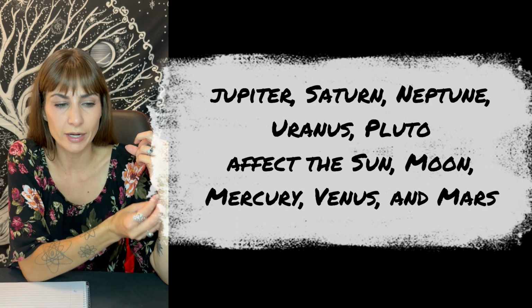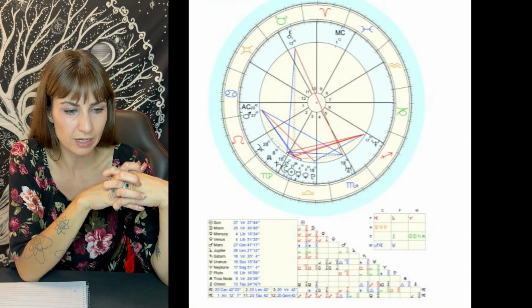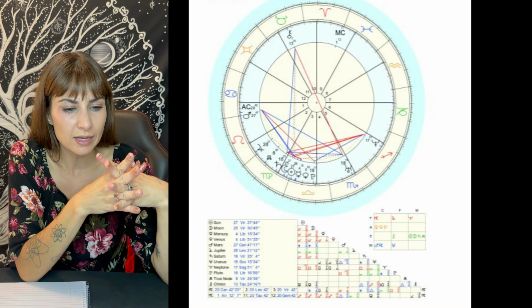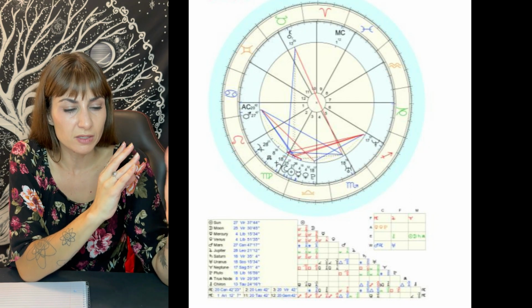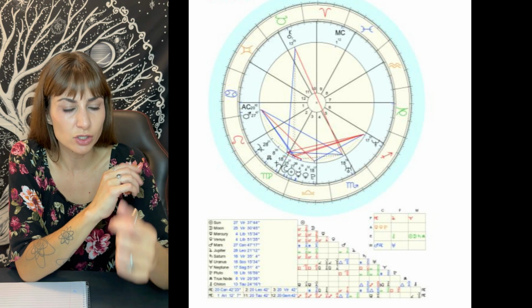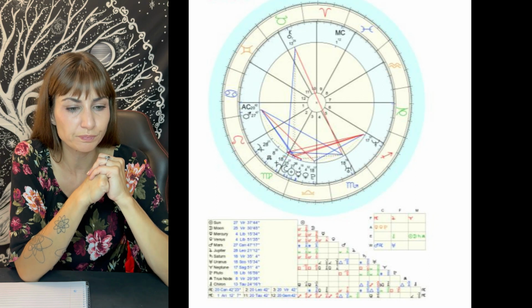It's acting on it. So let's put this together now. In this chart, we have a moon square to Uranus at 2 degrees, a pretty tight one, so we'll talk about that one.